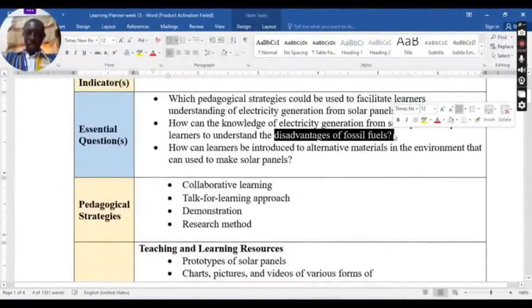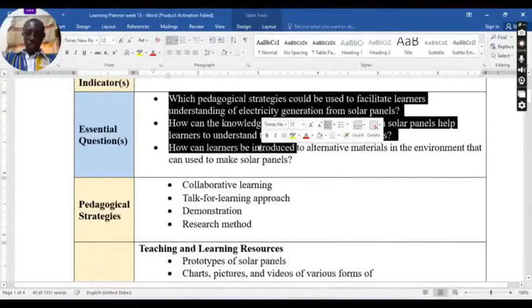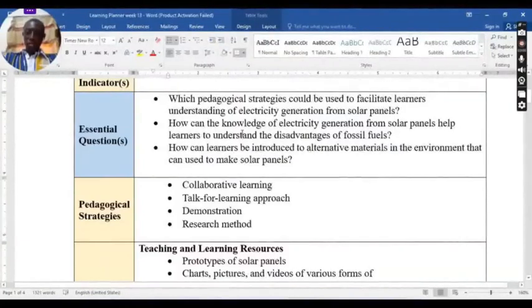I read it and realized that the content was comparing fossil fuels to solar panels, that is, advantages of fossil fuels, disadvantages of fossil fuels, and the advantages of solar panels. So I created an essential question to suit what was inside the TM. I didn't create this question off track. I just created these three questions. I read them, then I formulated the question to suit the content, because I'm going to teach on that.